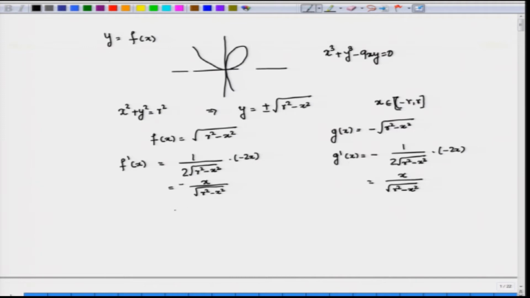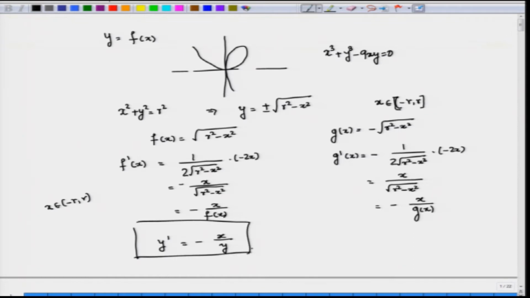So I can write this as minus x by f of x, when x is in minus r to r, and here also it is equal to minus x by g of x. Therefore, y equal to plus or minus, it does not matter, y prime is minus x by y. This is what we are getting.